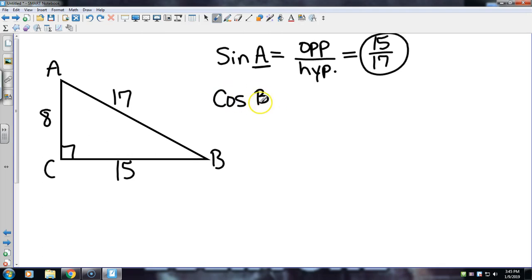So let's do cosine of angle B. Okay, cosine, here I'll write these up here. That was SOH, and then we have CAH. So I am looking for adjacent over hypotenuse. So angle B, here's the question. You're going to say, well, there's two sides that are next to it, 15 and 17. That's true, but one of them is the hypotenuse.